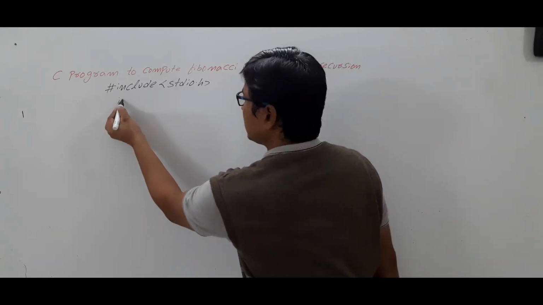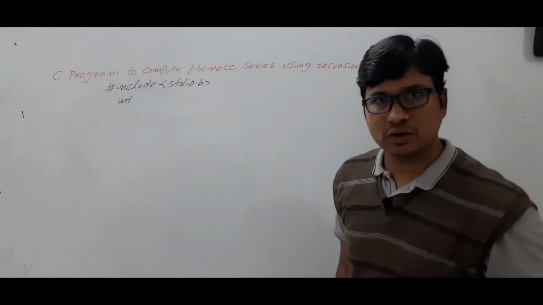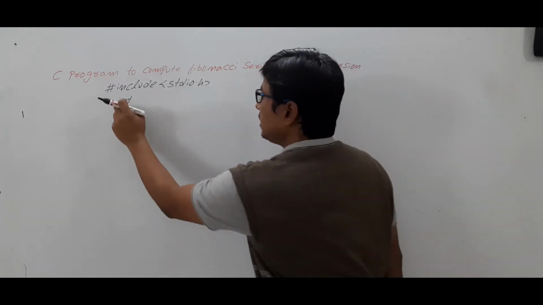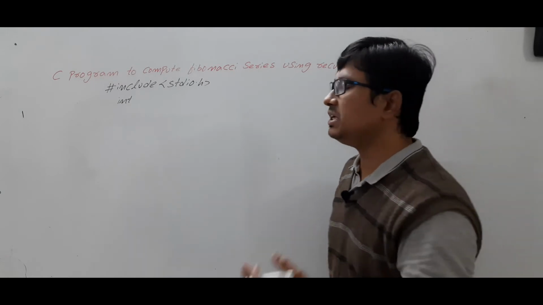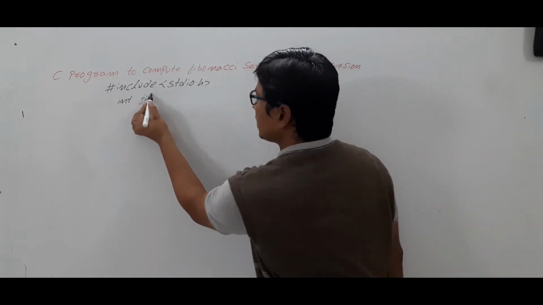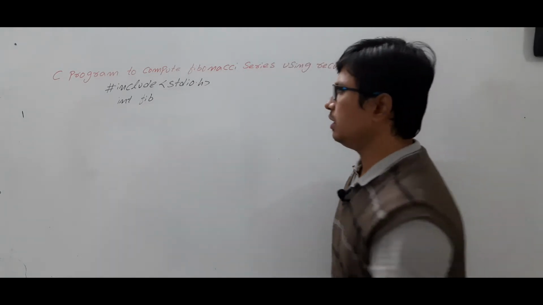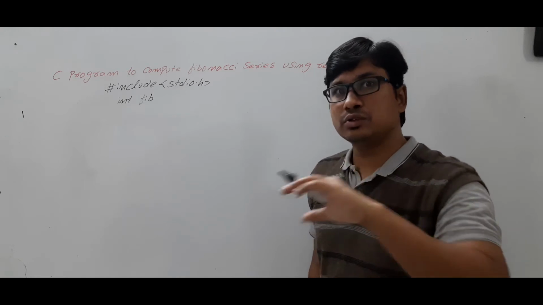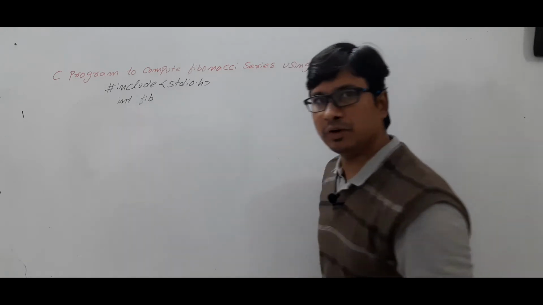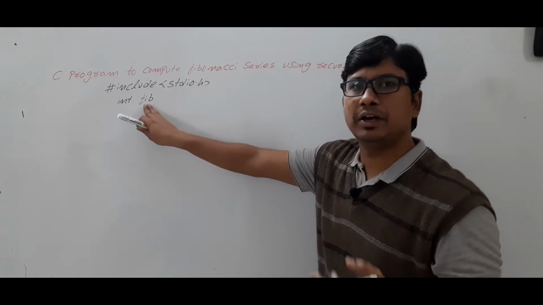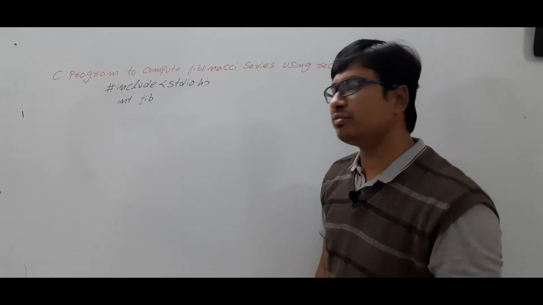The function declaration consists of a return type, the name of the function, and the parameters. Here I am specifying the return type as int, meaning this function will return an integer value, and the name of the function I am writing as fib. I can write my own name, but I need to follow the rules for the name. The same rules for an identifier apply for making the name of a function.